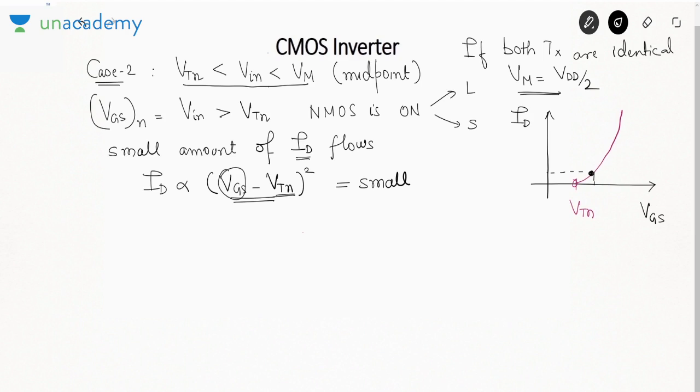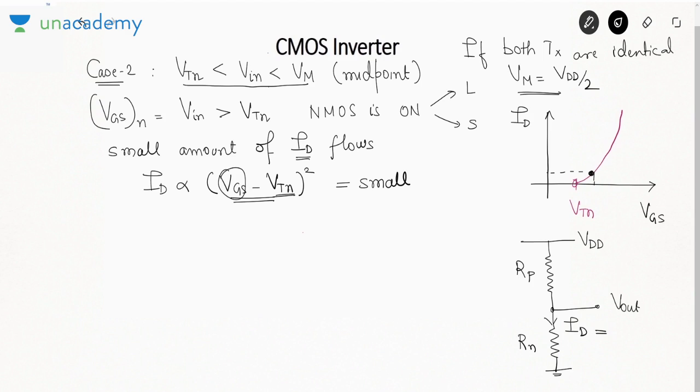Now just use the same model that we used earlier. VDD, a resistance, and then Vout, and then suppose NMOS is on, it is replaced by another resistance. This is the resistance of PMOS, and the resistance of NMOS.